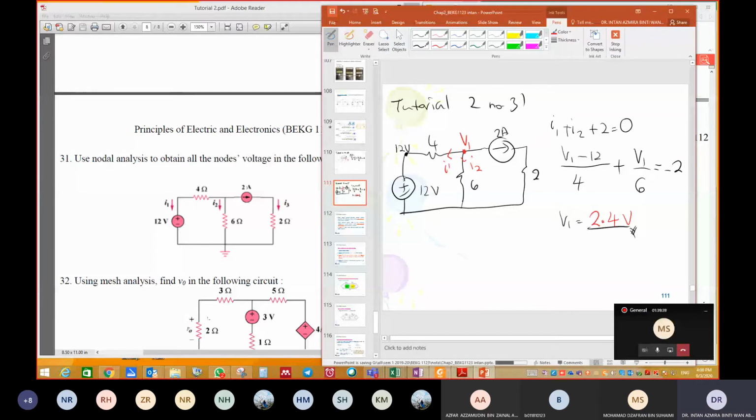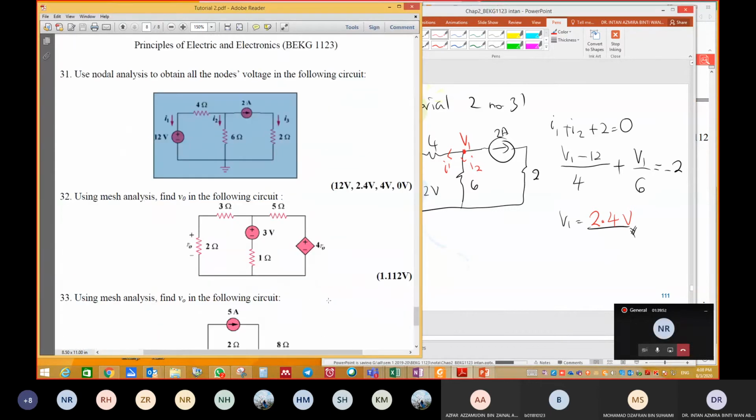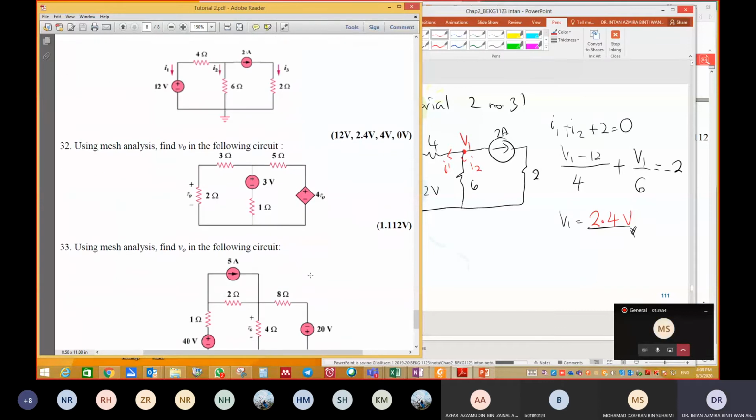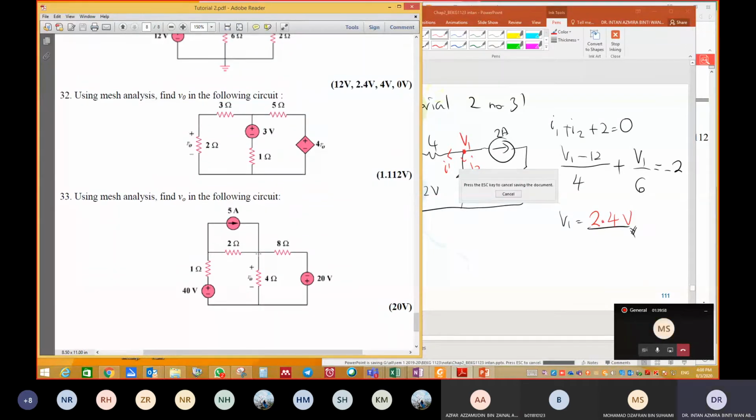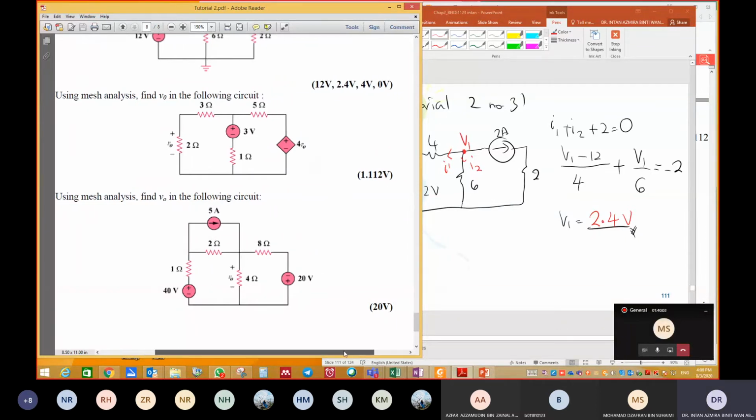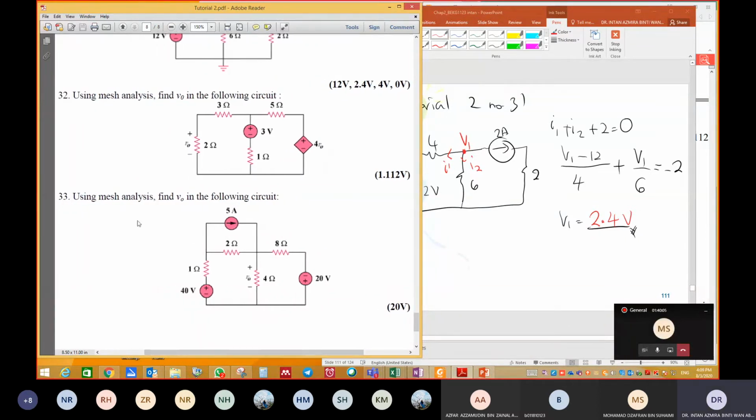Okay, this is mesh. Okay. How about finding this? Okay, this is number 33, mesh analysis. Okay.